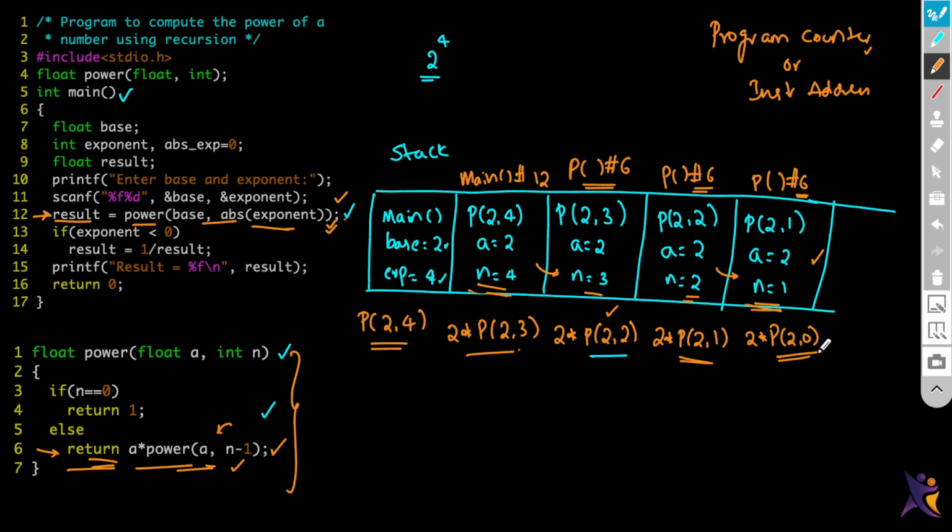Since this is a function call, the compiler creates a new activation record with a copy of this power function along with these values. So I'll have a equal to 2 and now n equal to 0.